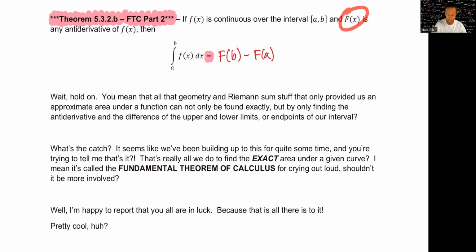Whatever the antiderivative of that little f is, you plug in the b, the upper limit, you plug in the a, the lower limit, and you subtract. Yes, let that sink in. That is it. Way better than what we did with Riemann and cutting it into a bunch of little rectangles, and then eventually saying, what would be the best number of rectangles?